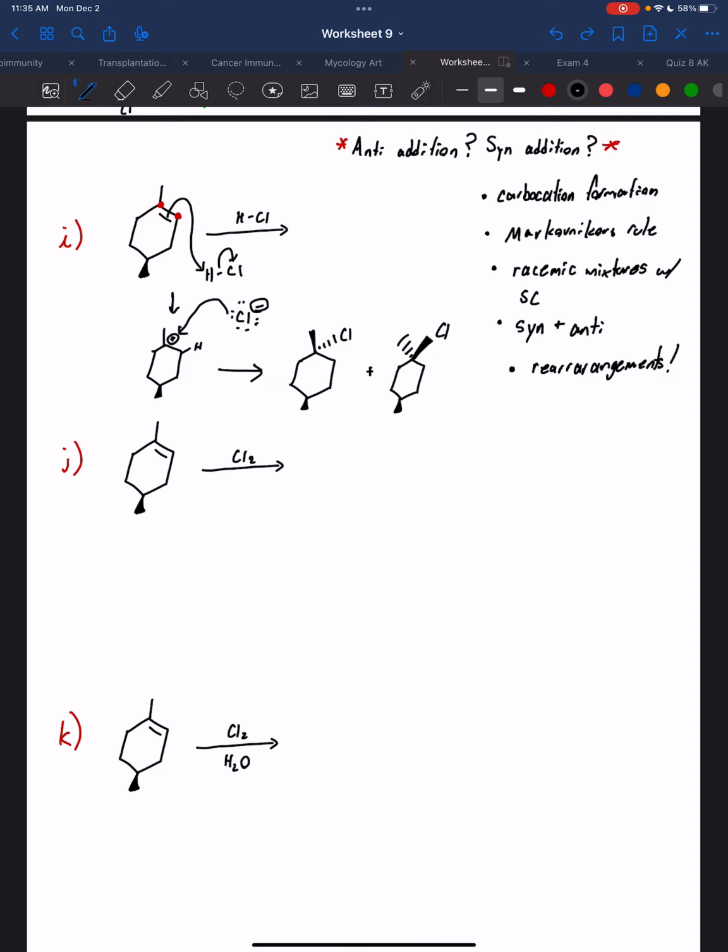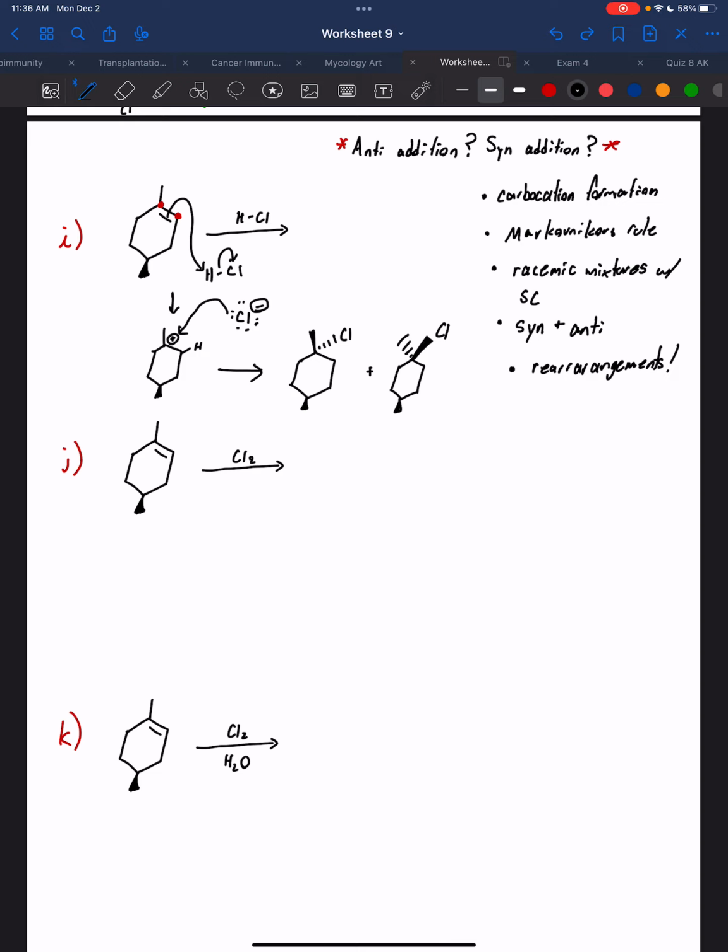I don't think it's needed for these types of reactions, because there are a lot of ways that they can add on. So yeah, don't write the hydrogen out for these.